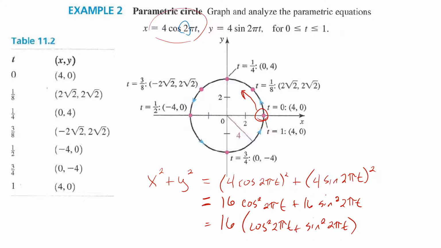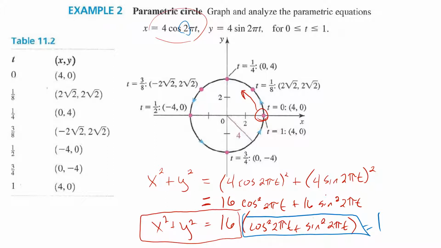Now if we remember back to our identities, one of those important identities is the Pythagorean identity, which said sine squared of an angle plus cosine squared of an angle equals 1. These angles are the same, 2 pi t, 2 pi t. So this is just 1, which means x squared plus y squared equals 16, which is r squared because it has a radius of 4.